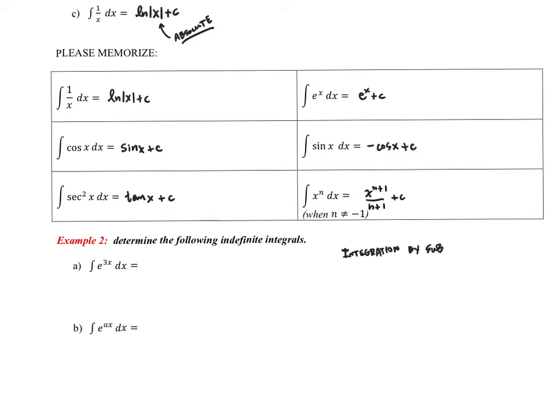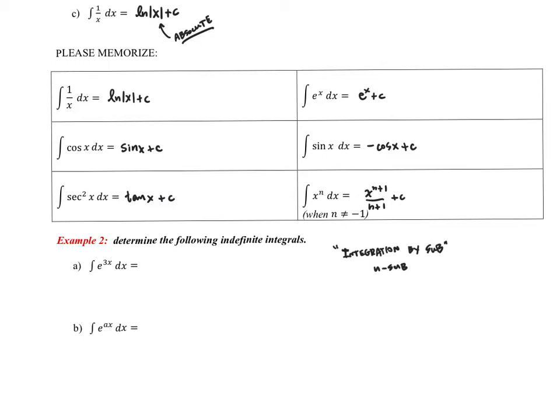Integration by substitution is sometimes referred to as a u substitution, because the variable that we use is the variable u. Now, I'm not going to use that technique yet, but in doing both of these problems, you will be using this u substitution or integration by substitution method. So think through A and B, and then come back and I'll walk through these.